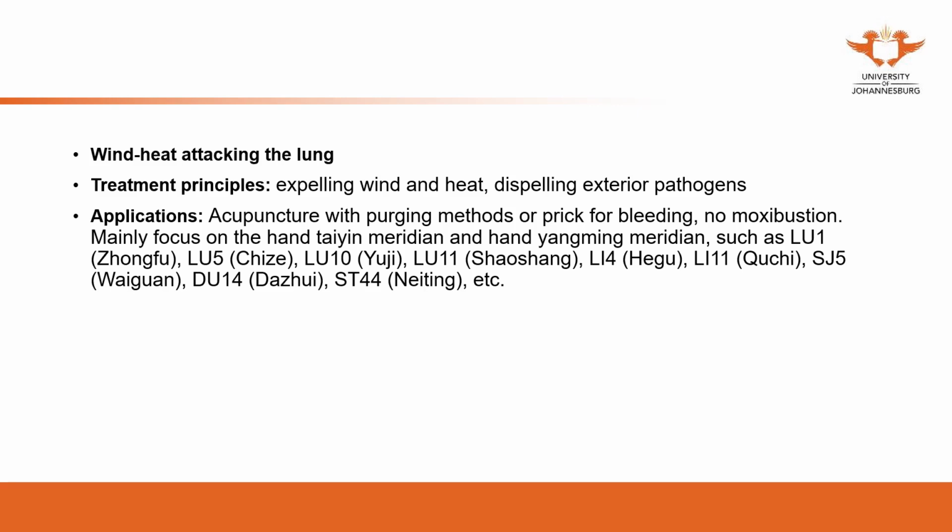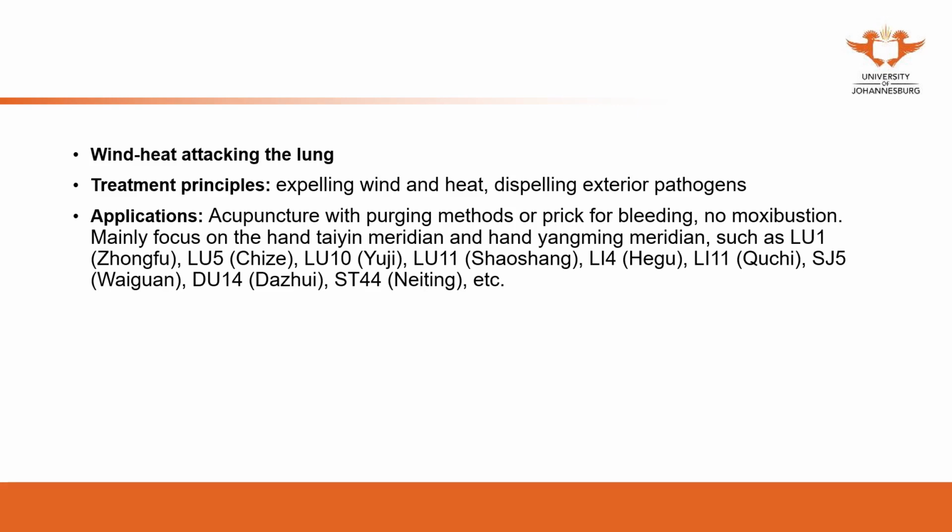The treatment principles will be expelling the wind and the heat, dispelling the bacterial pathogens. No matter wind heat or wind cold, these winds are bacteria, so we're going to relieve the bacterial pathogens. Once you've got the treatment principles, you can decide the treatment techniques you're going to use.